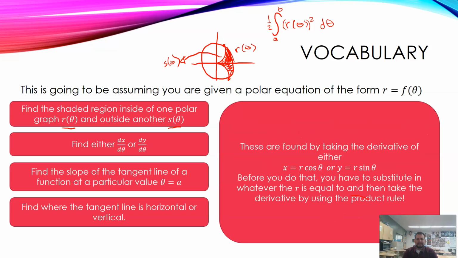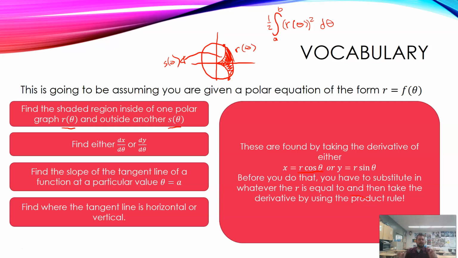Now, the next thing that we need to talk about is if we need to find dx d theta or dy d theta, which does get asked for from time to time. What we have to realize in these problems is the same thing we talked about on the previous slide. My x is equal to that radius function times the cosine of theta, and you just plug that radius function in and then take the derivative.